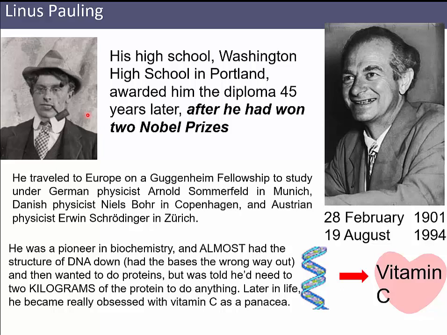Once he got burned with that, he decided to do some work with proteins, but he would need 2 kilograms of a protein in order to do anything. If you've ever done cell and molecular biology, you're talking about nanograms, sub-micrograms of protein that you're able to express if it's something interesting. If it's something super common like bovine serum albumin, or ubiquitin, you might be able to get a couple of kilograms out.